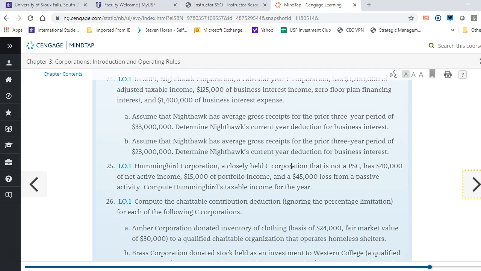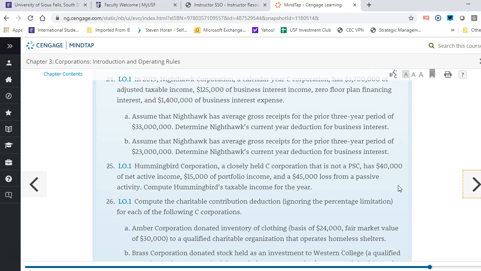And so a closely held C Corp that's not a personal service corp can offset a passive activity loss against active net income, but not against portfolio income. So they can deduct $40,000 of the $45,000 passive activity loss. Because they got $40,000 of net active income, they can match that against the $45,000 of the passive activity loss, but not all of it.